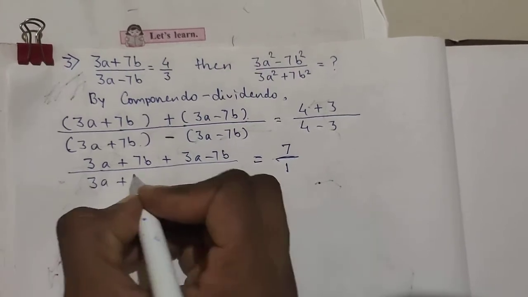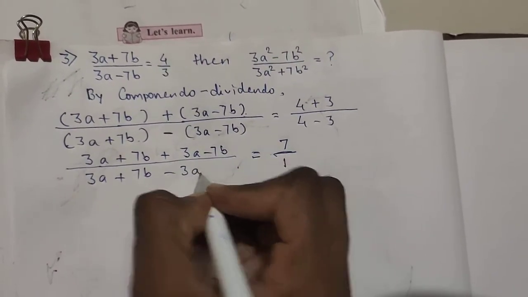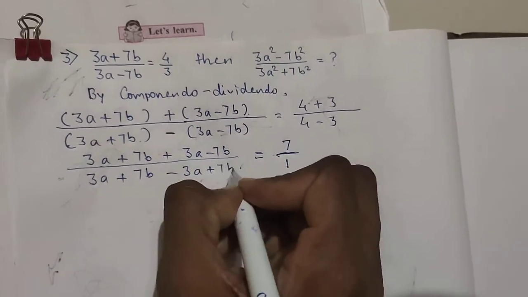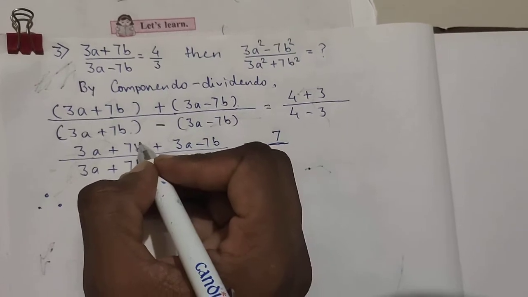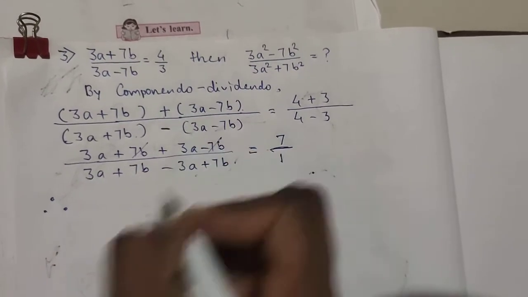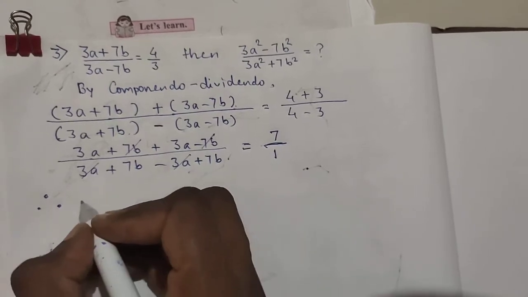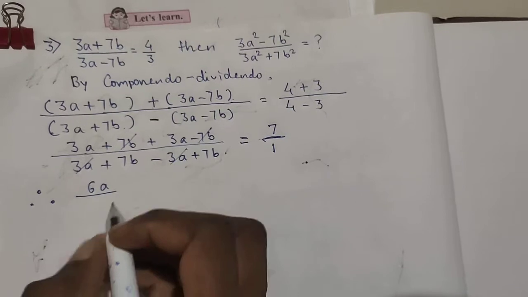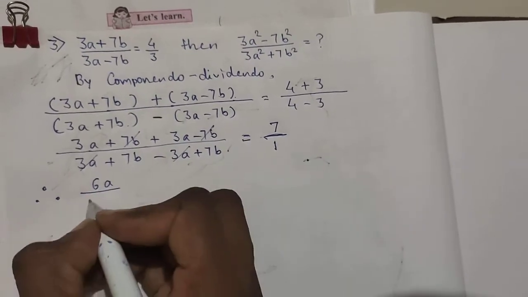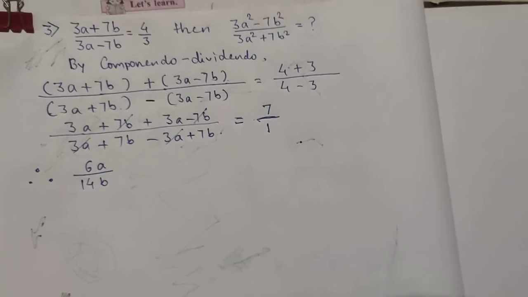Here 3a plus 7b, now the minus sign is there, so change the sign, so this becomes minus 3a and minus 7b plus 7b. Now in the next step you can cancel plus minus, so 7b minus 7b, and 3a minus 3a cancel. Now what is remaining? 3a plus 3a gives you 6a. Here 7b plus 7b gives you 14b, because 7 plus 7 is 14.